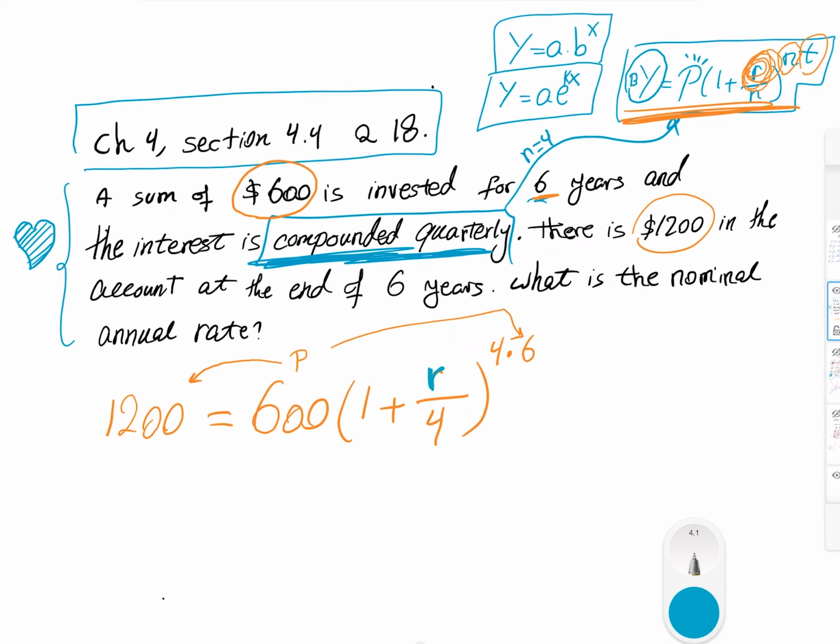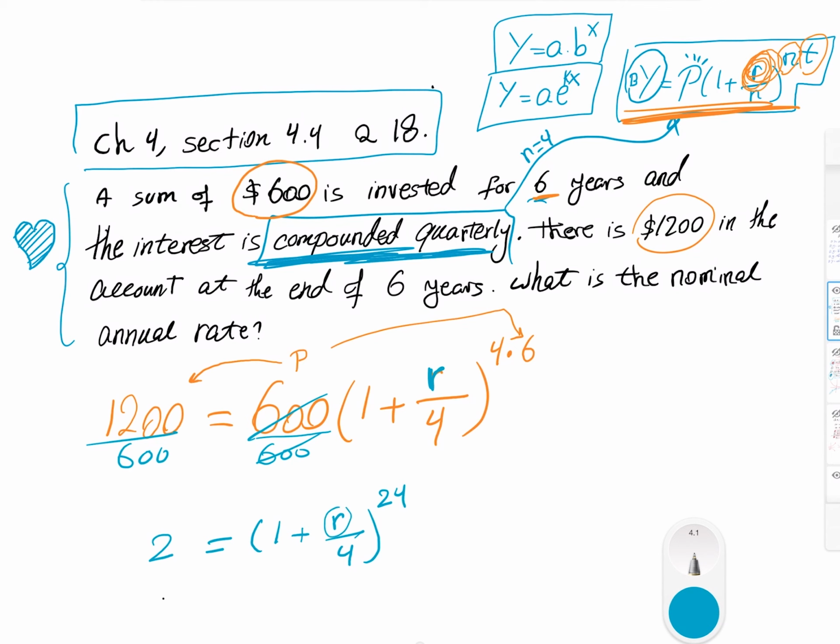So it's very advanced algebra here to get the r. I divide by 600, so we get 2 equal to 1 plus r over 4 to the power 24. Now we need to have r by itself.